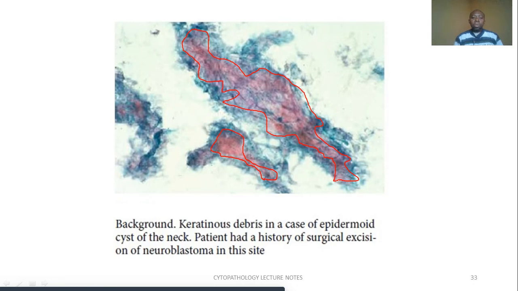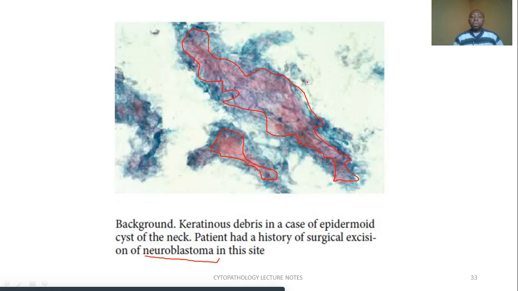So in this background, the cartilaginous background, this is the case, for example, of an epidermoid cyst of the neck, where a patient had a history of surgical excision of a neuroblastoma in this case. So this is what we actually refer to as a keratinous background.